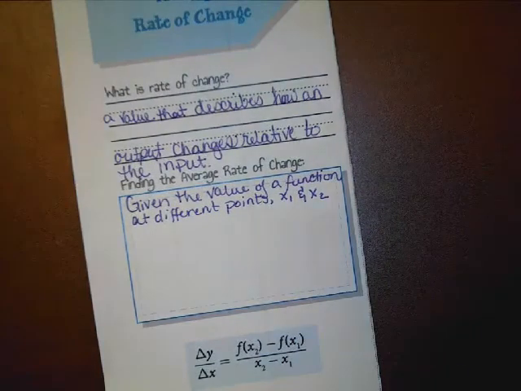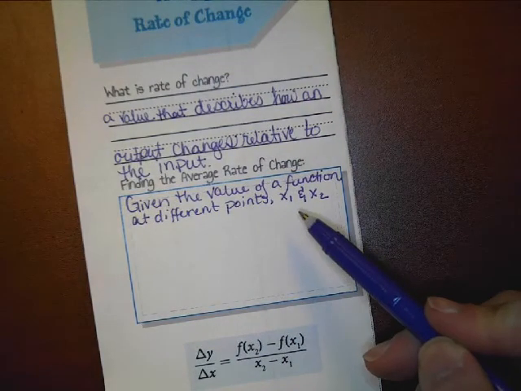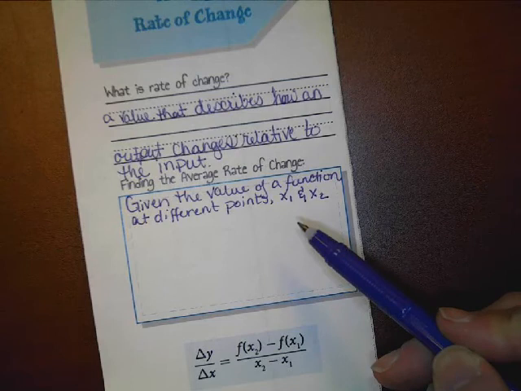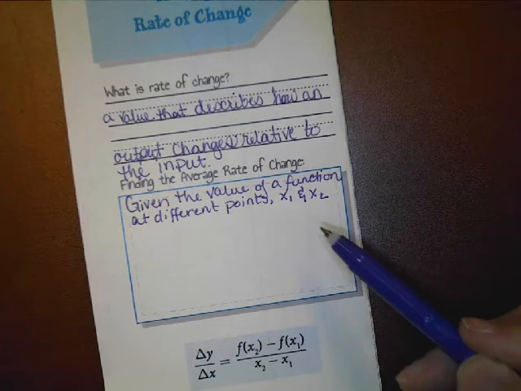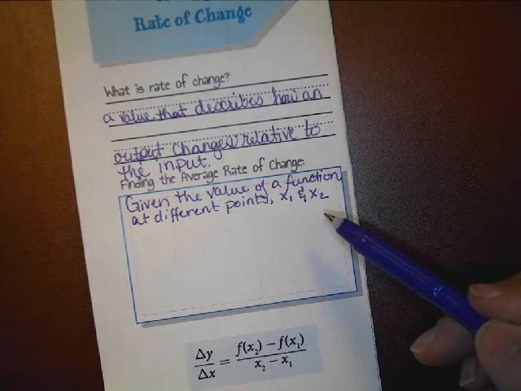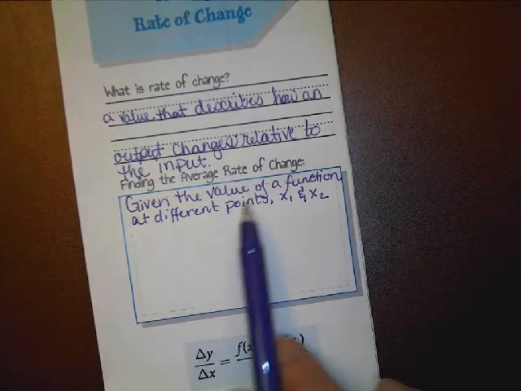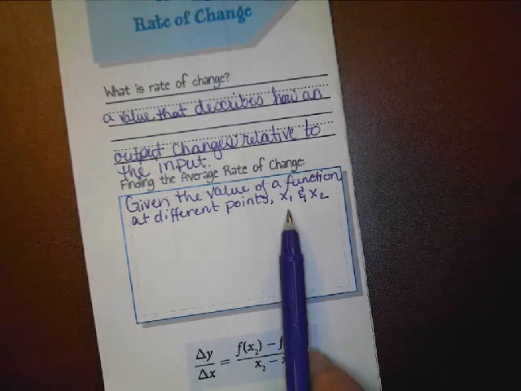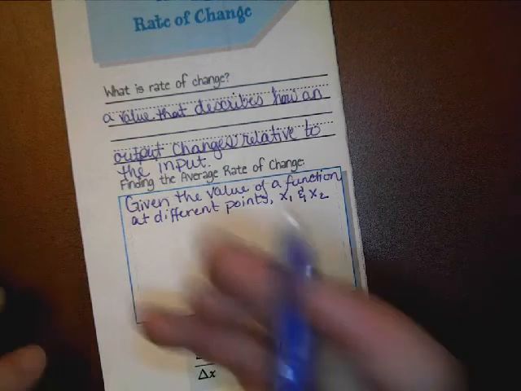So remember, the value of a function at x1 is the y value when x is x1. Does that make sense? And the value of the function at x2 will be the y value at x2. So that's what it means, given the value of a function at different points x1 and x2.